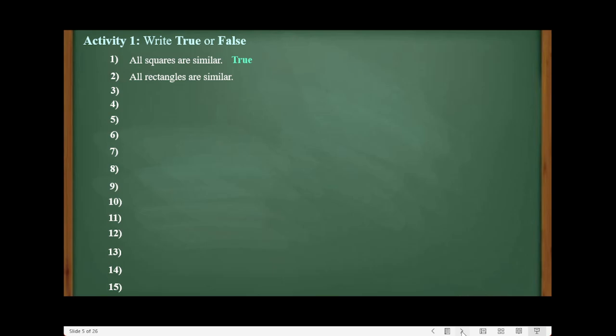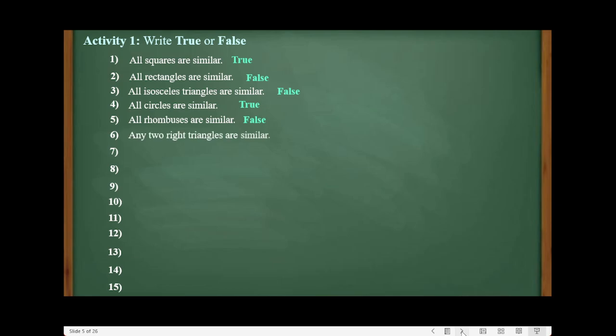All rectangles are similar. It's false. All isosceles triangles are similar. It's false. All circles are similar. It's true. All rhombuses are similar. False. Any two right triangles are similar. It's false.